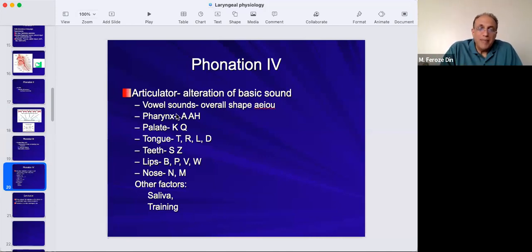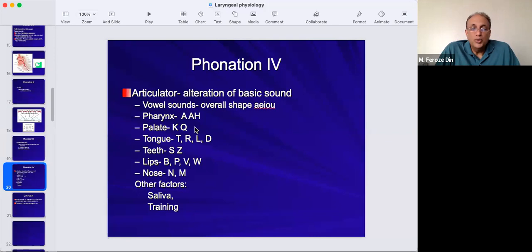Similarly, the palate changes the sound, and for example, k and q are from the palate. In English, k and q are almost equivalent, but in certain languages, Arabic for example, k and q are very different. The q is from the deep part of the soft palate, and k is more dry and superficial.